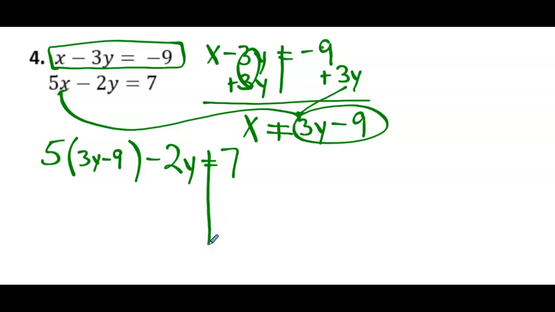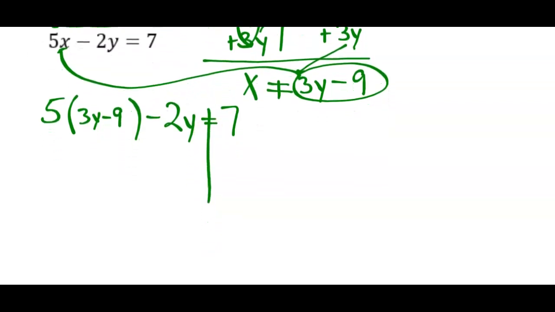I've got to get rid of my parentheses by distribution. So when I distribute, I'm going to get 5 times 3 is 15y. 5 times 9, negative 9, is negative 45. And then here I have a minus 2y, and it's equal to 7.